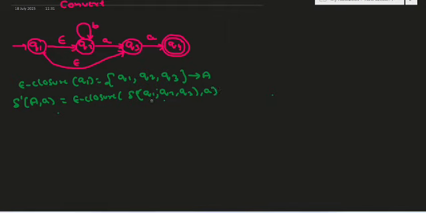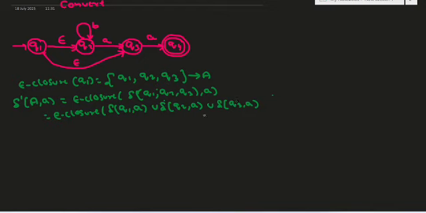Now, this a can be applied in Q1, Q2 and Q3. So, epsilon closure of delta of Q1 comma a, delta of Q2 comma a, union delta of Q3 comma a.